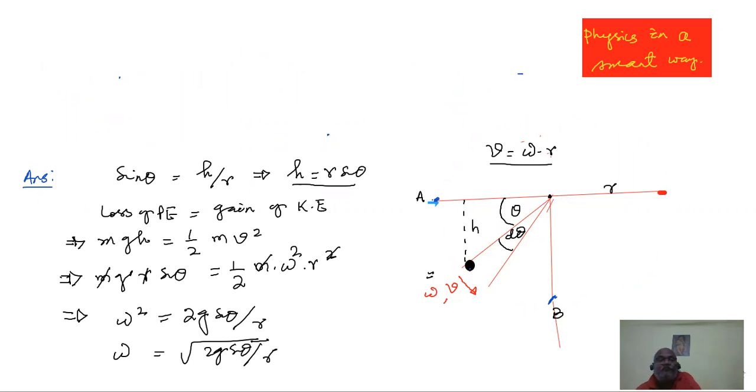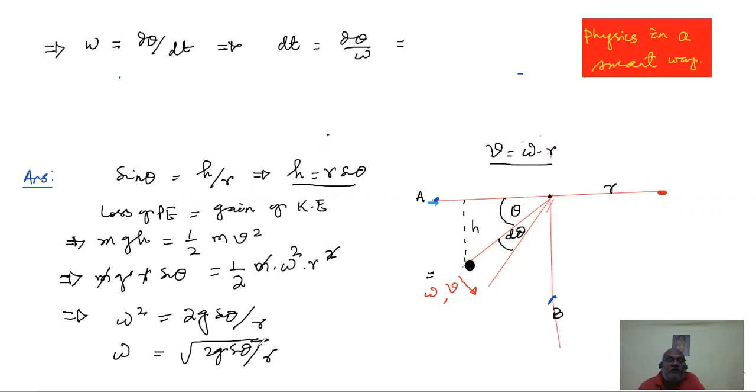Now, so far as omega, the last step is concerned, omega equals root of 2g sine theta by r. But we know omega can be expressed as d theta by dt, and arranging the terms, dt equals d theta by omega.